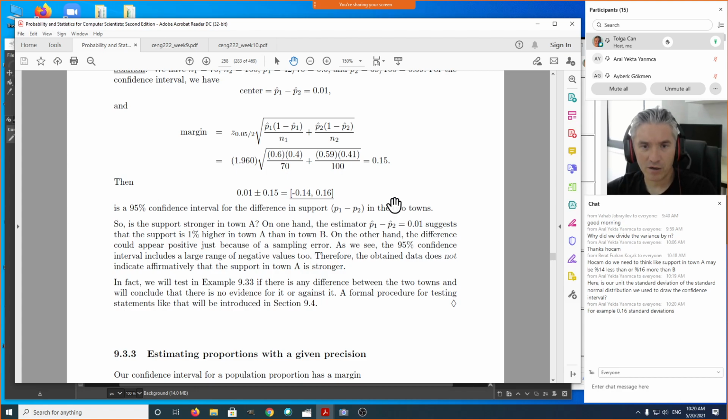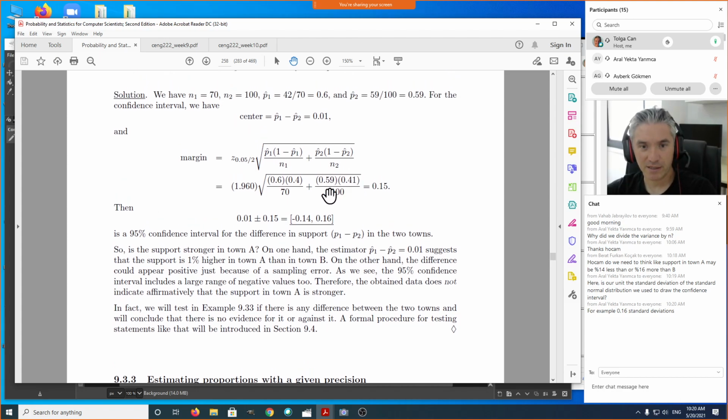So here the standard error of the difference in this case is this. Okay, so it wasn't 0.15. The standard error between the difference we have in our case is, if you divide this by 1.96, that's the standard error of the difference.